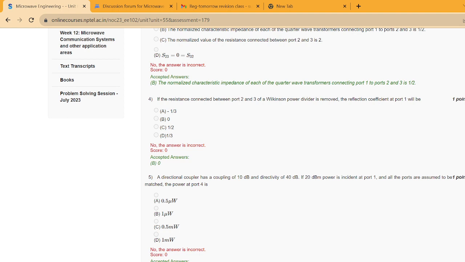So this resistance 2Z0 gives an isolation between port 2 and port 3. It has nothing to do with the reflection coefficient at port 1. That is the key point here with respect to the Wilkinson power divider. I hope this is clear.